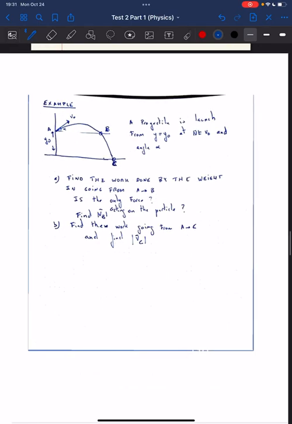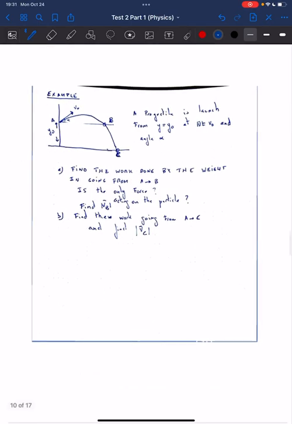We're moving on to example 5. Example 5 says a projectile is launched from y0 at the initial velocity, at an angle alpha.